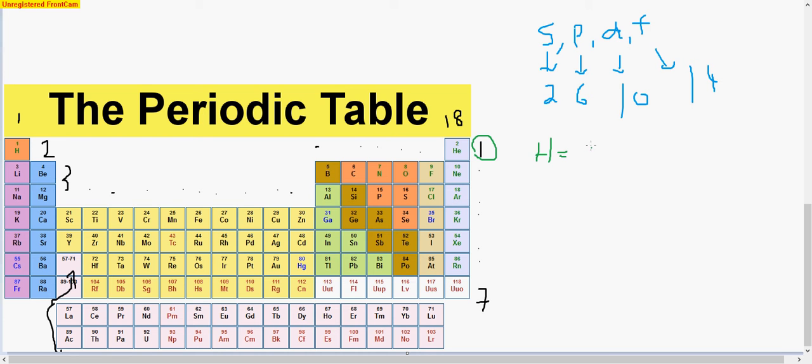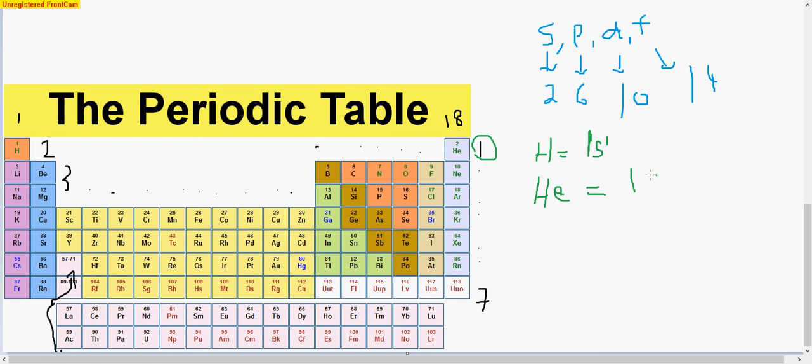First period over here, 1. Then we know that first the S orbital is filled, so 1s. And the number of electrons is 1, right? So we write 1 over here. The electronic configuration of hydrogen is 1s1.